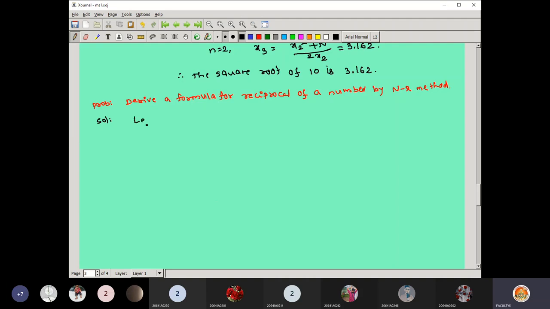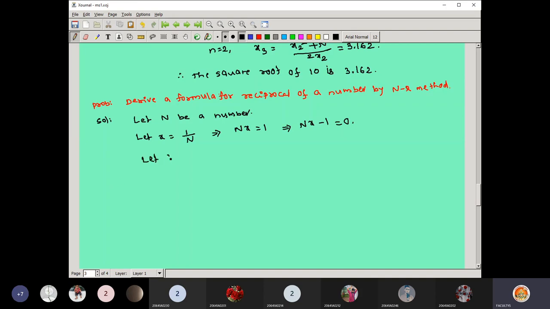First I am supposing let capital N be a number, and let your target be x. Reciprocal means 1 divided by that value, 1 divided by N. So this implies Nx equals 1, or Nx minus 1 equals 0.